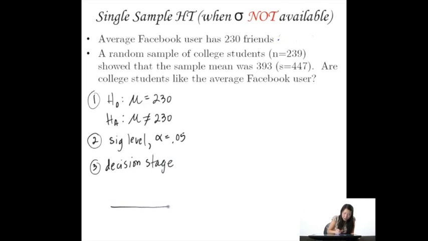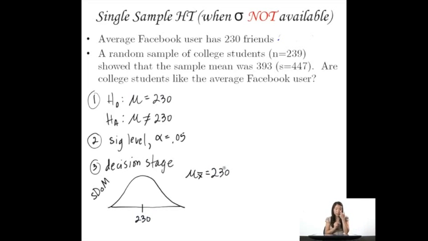So here we want to start off by drawing our SDOM. It helps to keep in mind that this is a bunch of means, a bunch of x bars, right? We can just use this information because this is our known population. We're going to use that information to figure out our SDOM. But here we run into the problem.